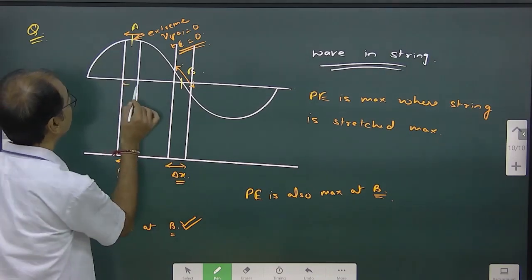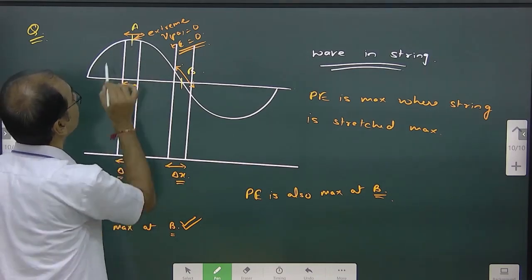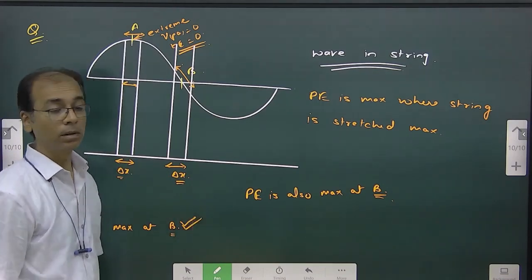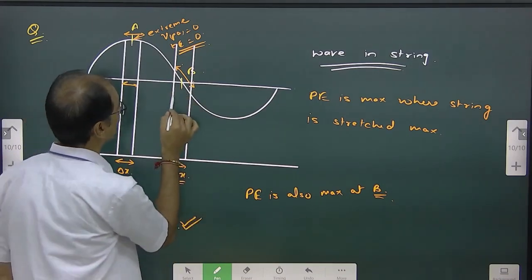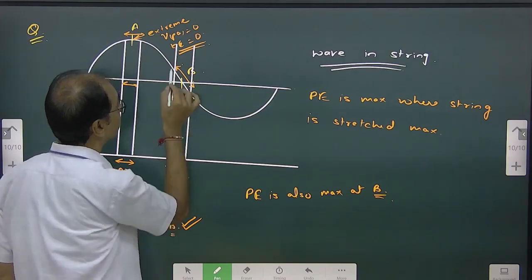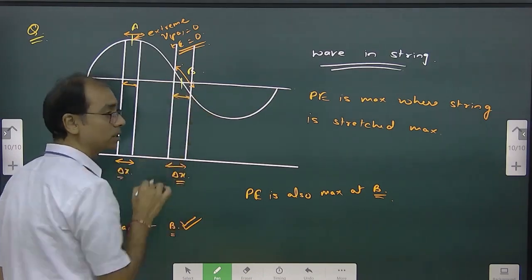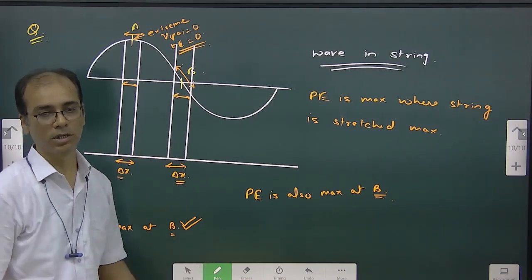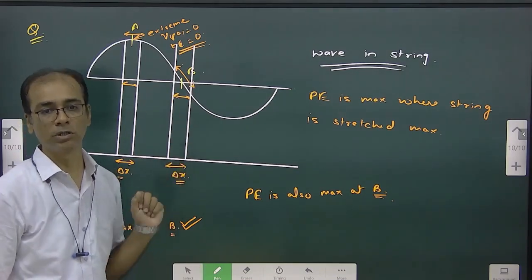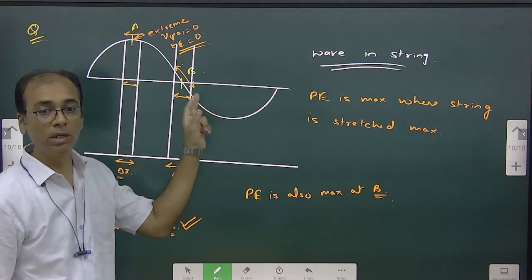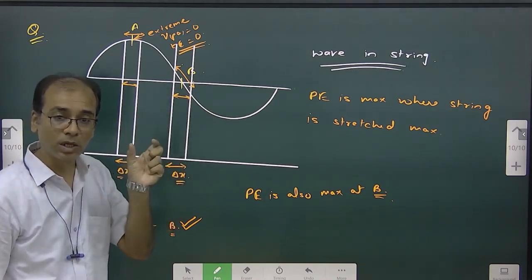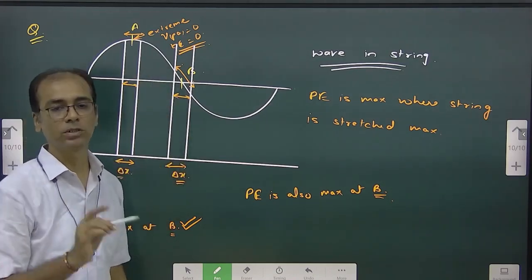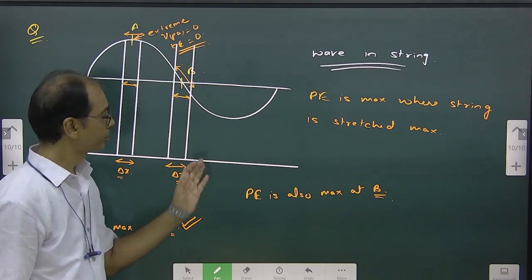Whatever is the length over here, almost is the length over here at the top. So that means hardly any change in length. But here you see, actual length is this much, but now it has become this. So stretch is there. When stretch is there, that means potential energy is there. So here is potential energy. When you talk about wave in string, it is about potential energy of string, not about the particle oscillating. That is only the difference. Okay? Note it.